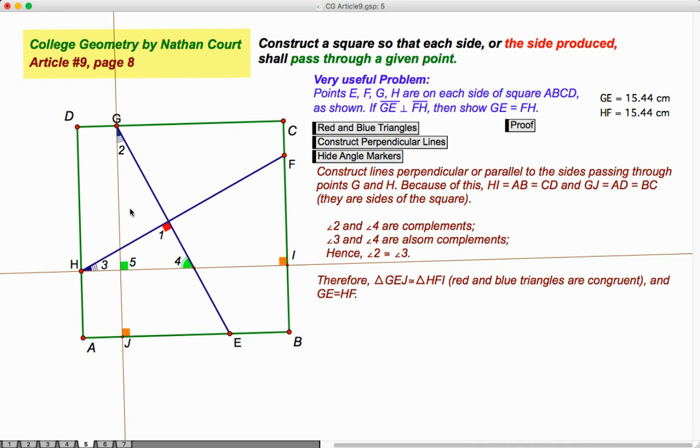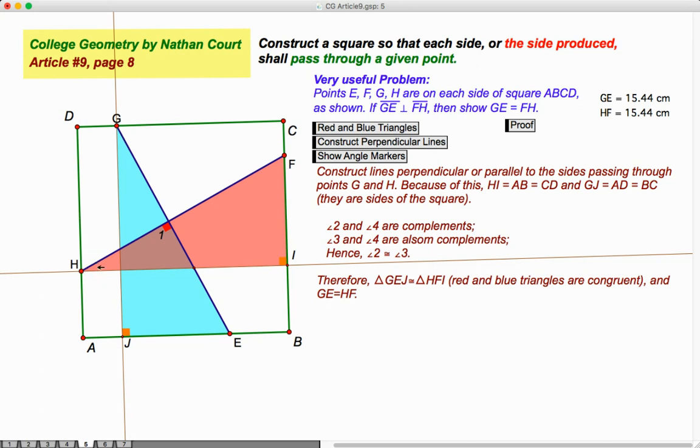Next, I already mentioned that 2 and 4 are complementary angles, and 3 and 4 are complementary angles. Therefore, angle 2 and angle 3 must be congruent to each other. Let us hide those now, and show the blue angles and the blue triangle and red triangle.